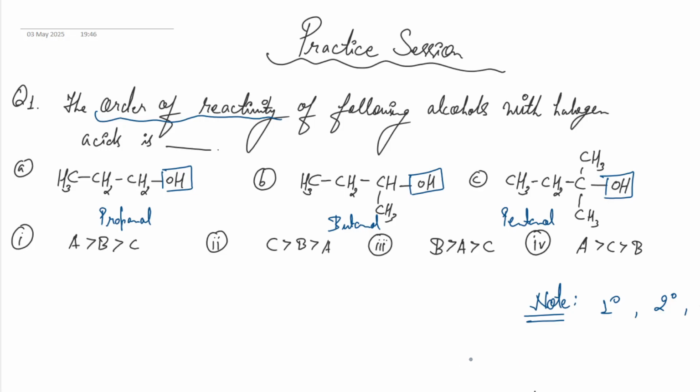By basic concept, you can understand that the tertiary alcohols are more reactive than the secondary, and secondary is more reactive than the primary. Why? Because of the branches. In the very first option here we have the straight chain compound, the normal propanol, the n-propanol.